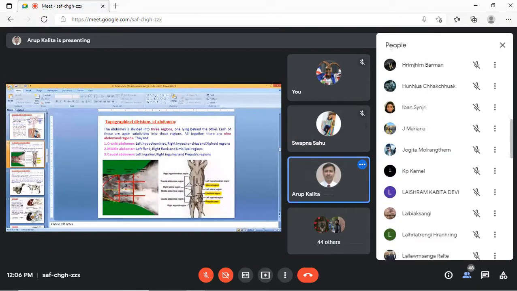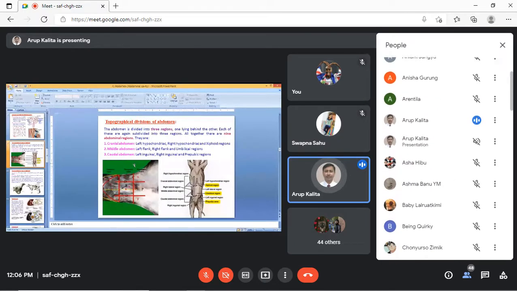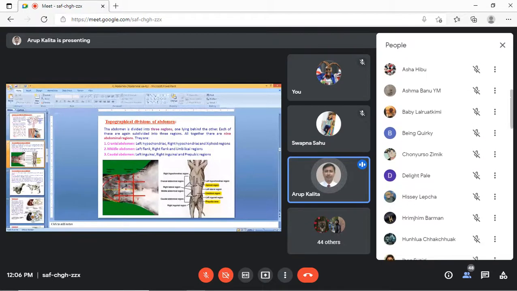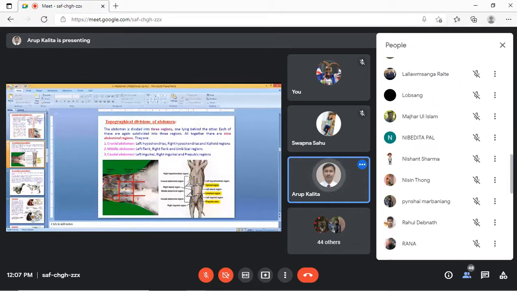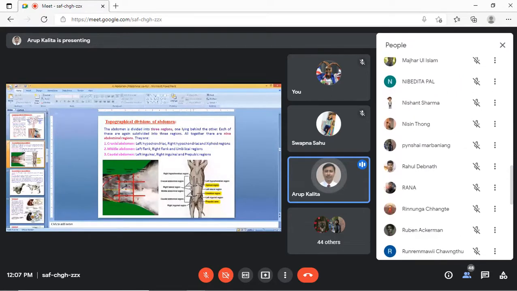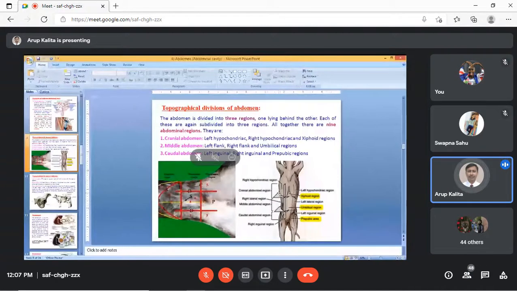So this is the cranial abdomen, this is the middle abdomen, this is the caudal abdomen. Now the cranial abdomen has three parts. This is the right hypochondriac region, this is the left hypochondriac region, and the middle part is called xiphoid region. Now you have seen one dotted line here.